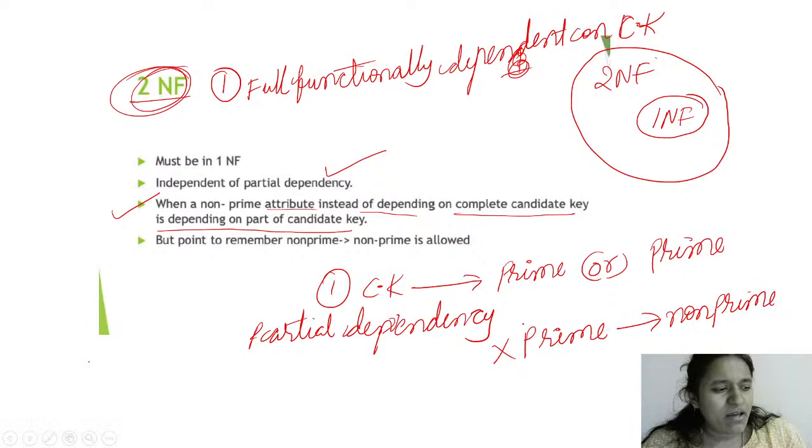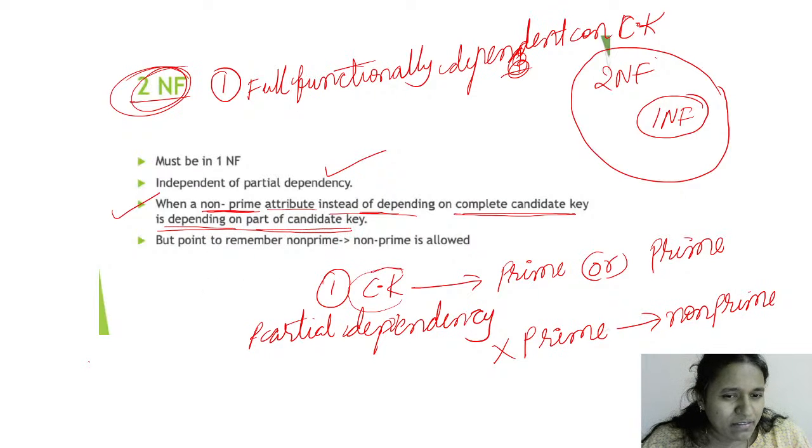This is called partial dependency. Please try to understand this definition: a non-prime attribute, instead of depending on the complete candidate key, is depending on part of the candidate key.